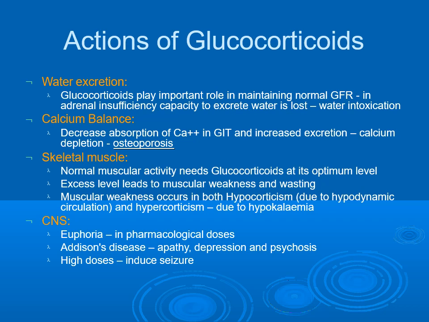Muscular weakness occurs in both hypocortism, because of hypodynamic circulation, and hypercortism, because of hypokalemia. On the CNS, in pharmacological doses, they lead to euphoria, while Addison disease, also known as primary adrenal insufficiency, causes symptoms like apathy, depression and psychosis, while high doses of glucocorticoids lead to seizures.